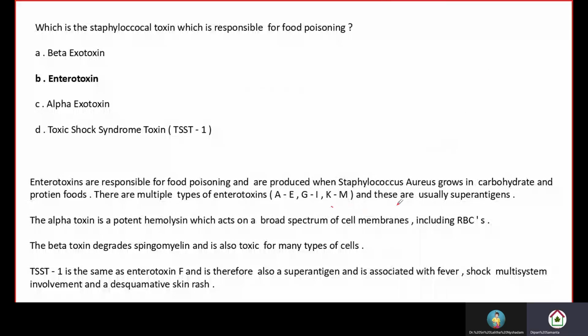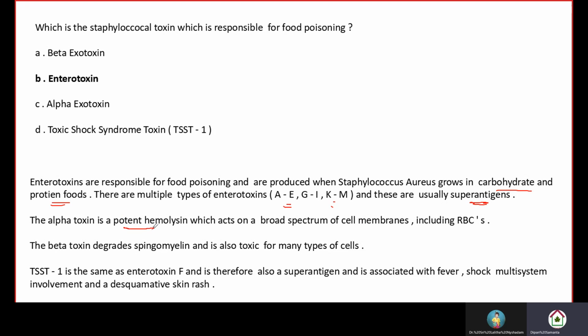They are produced by Staphylococcus aureus, which grows in carbohydrate and protein foods. There are multiple types of enterotoxin: A, B, C, D, E, then G, H, I, then K, L, M, and these are usually superantigens.